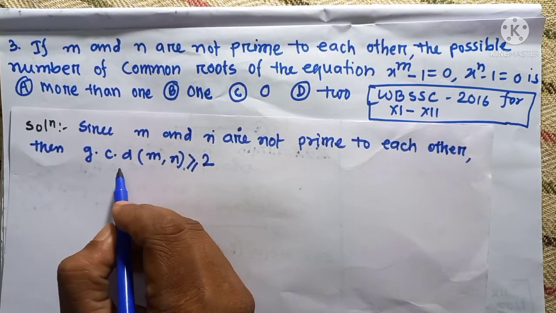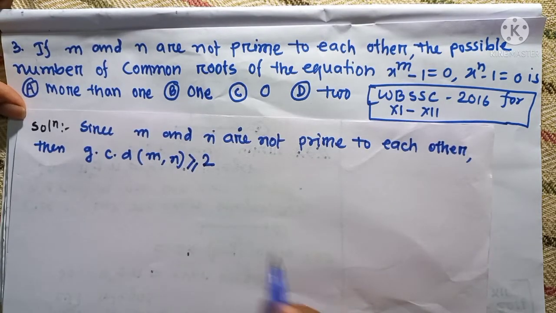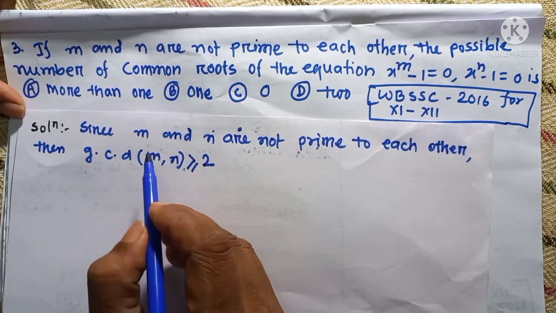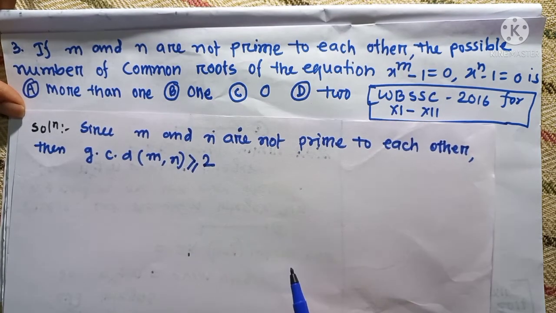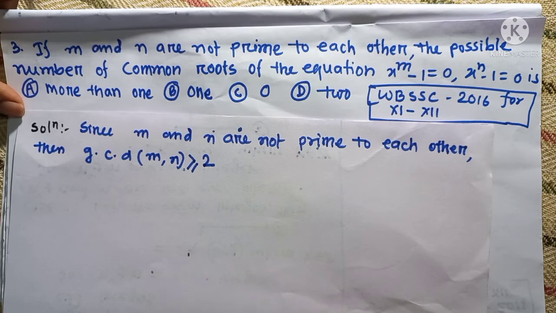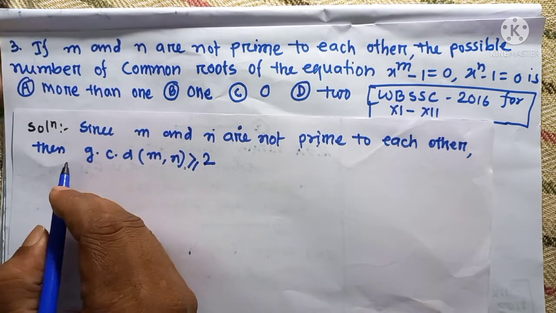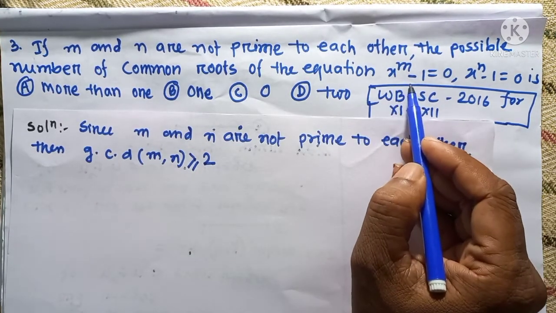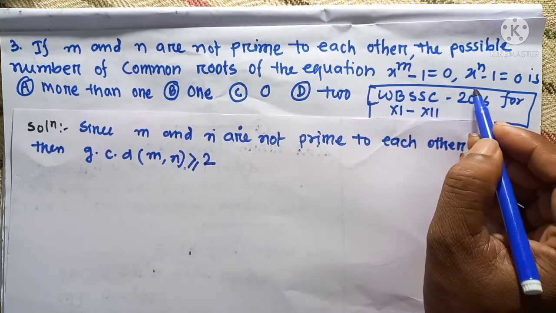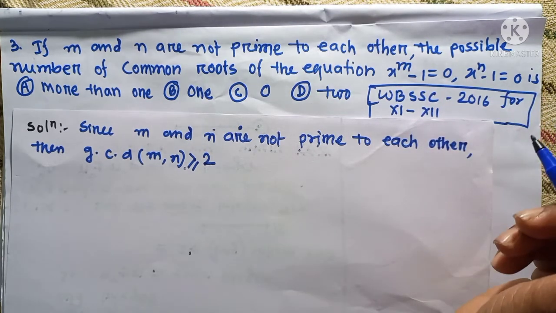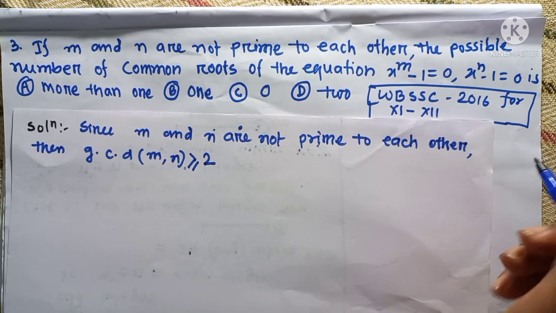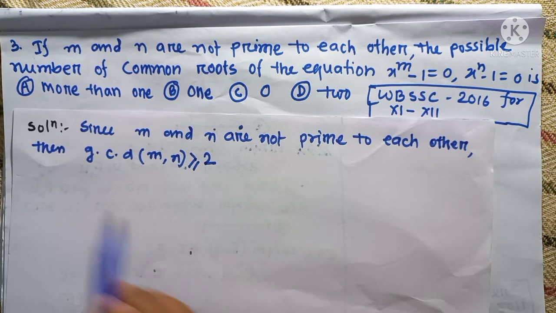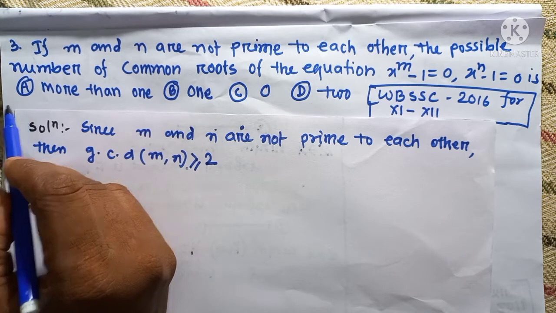If GCD of m, n equal to 1, then m, n are relatively prime. Since m and n are not prime to each other, GCD of m, n is greater than or equal to 2. So the equations x to the power m minus 1 equal to 0, x to the power n minus 1 equal to 0 have common roots, and the number of common roots is 2 or more. So option A is the correct answer.